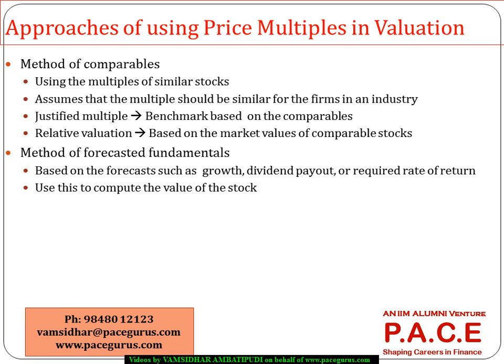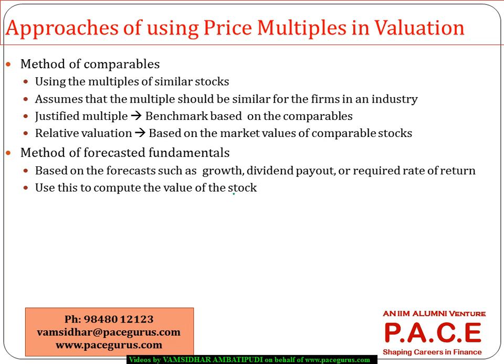To start with, when we are talking about a multiple, as I have just indicated, they are primarily in the form of ratios. The most commonly used one is a price to earnings multiple. Now, using that multiple, if I have to go for a valuation, I am using a mechanism.